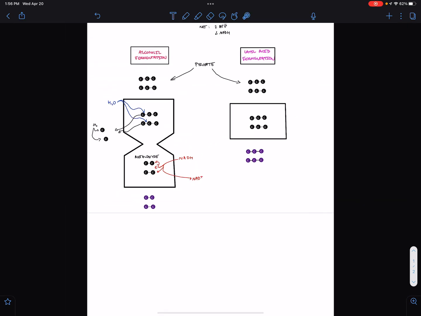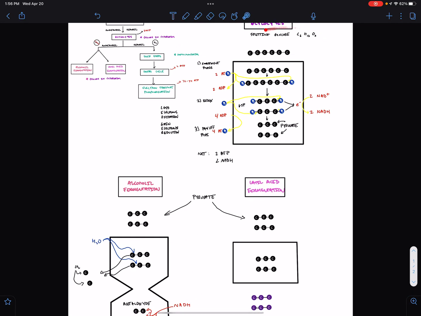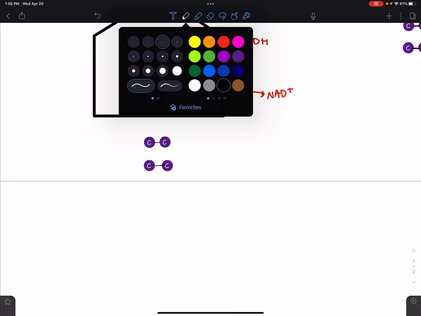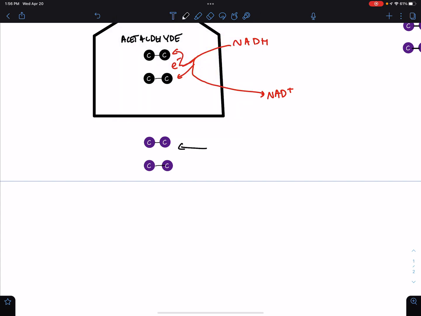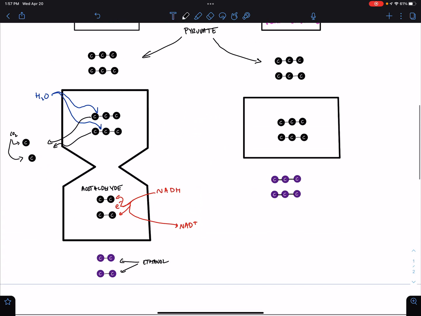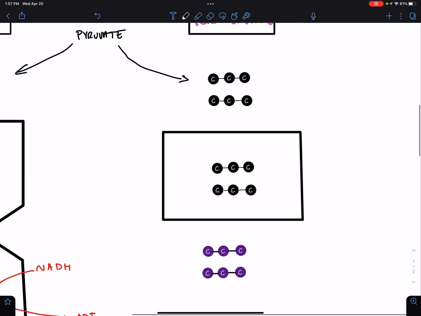This NAD plus can go back to glycolysis and keep running glycolysis. The end result is ethanol, informally known as alcohol. This other pathway, the lactic acid fermentation pathway, also starts with pyruvate.